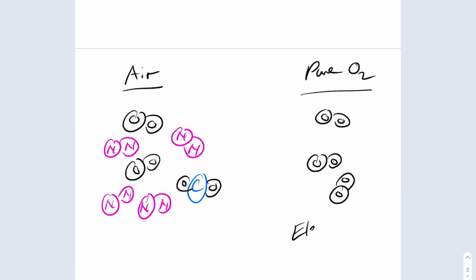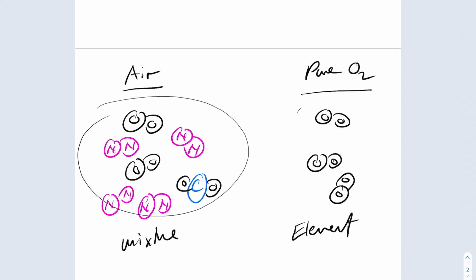So we have an element here, we have a mixture over there, and in the question that people struggled with, you had to correctly compare air and pure oxygen. So they're both made of molecules. One happens to be a mixture, one happens to be an element, and I hope that helps with any of you that have to still do the retest.